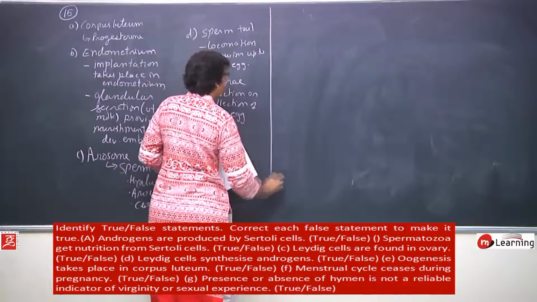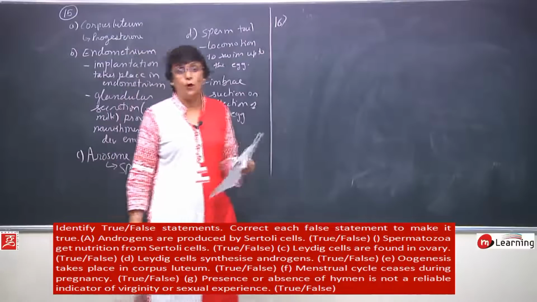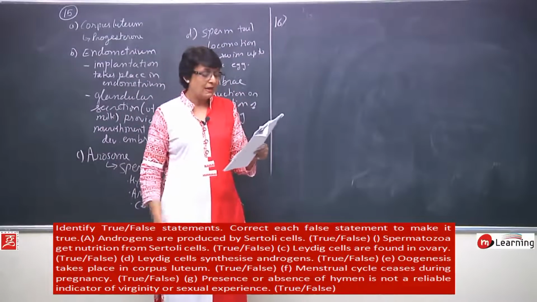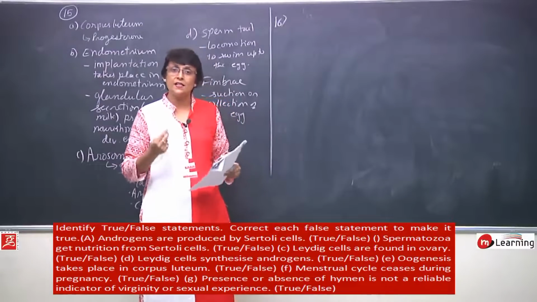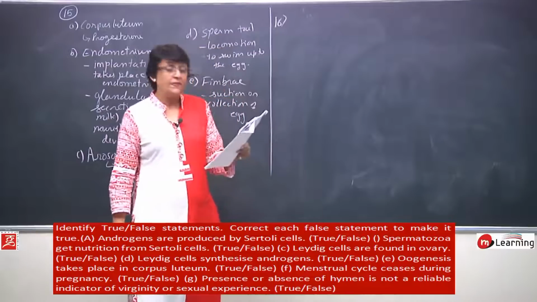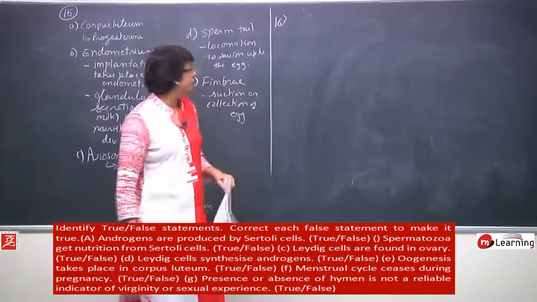Now question number 16. 16th question is true and false. Identify true and false statement and correct each false statement. So first we need to identify whether it is correct or not. If it is correct, okay. If it is not, then we have to correct it. The first, androgens are produced by Sertoli cells.